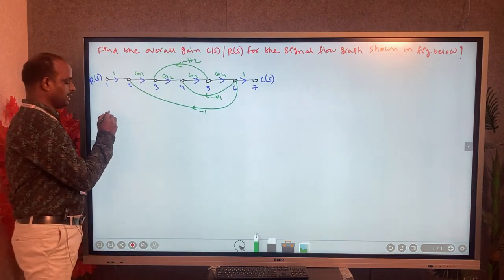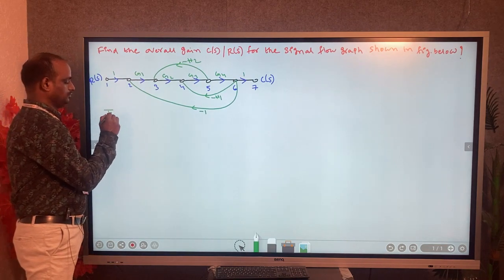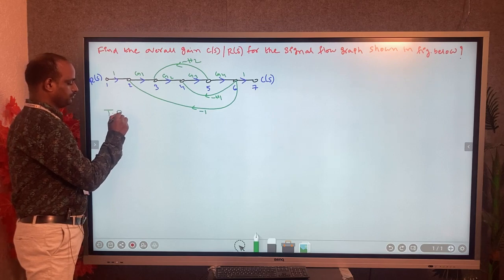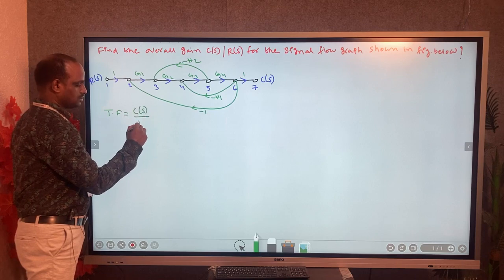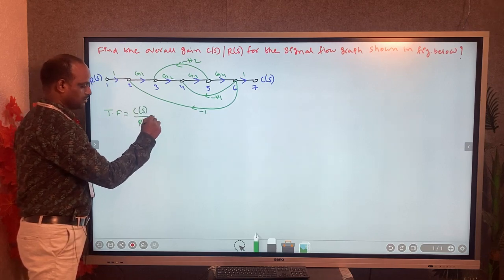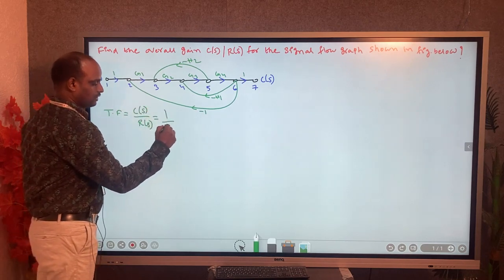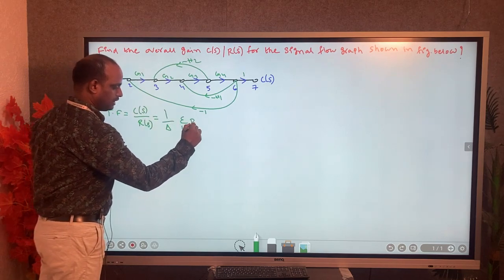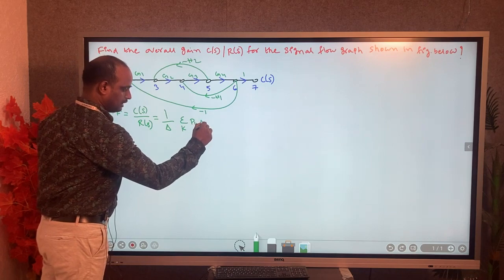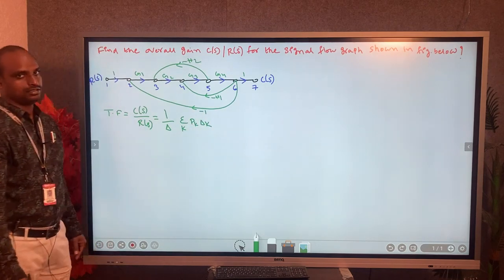and Mason's gain formula is given by transfer function TF equal to C(S)/R(S), which is equal to 1/delta times the summation over K of Pk delta K. So this is Mason's gain formula.